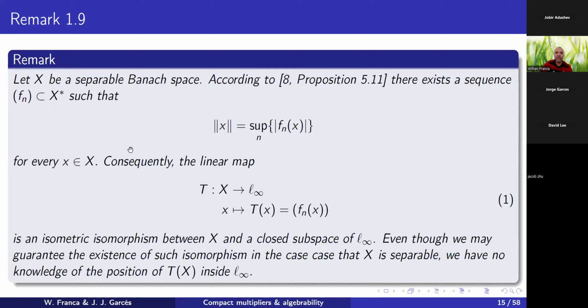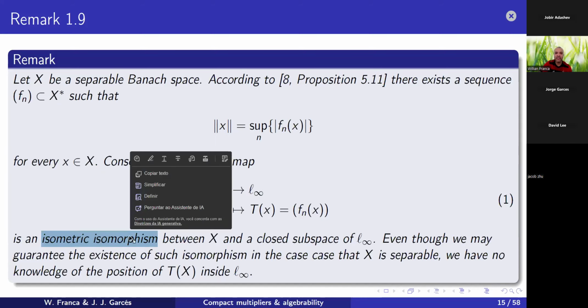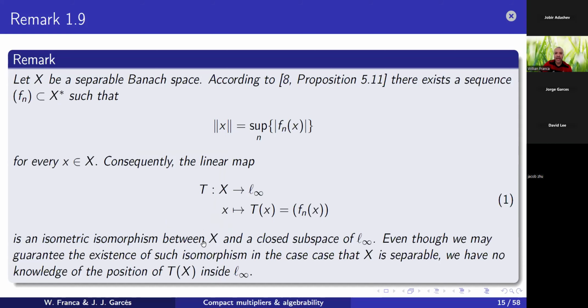So from this, we can construct a linear map from X to L infinity, and this map is an isometric isomorphism between X and a closed subspace of L infinity. So in the case of a separable Banach space, you can construct such a map.